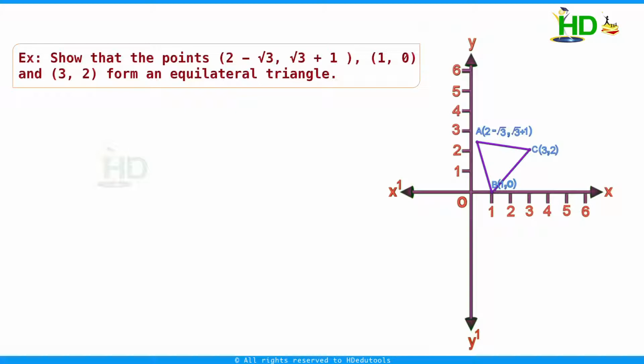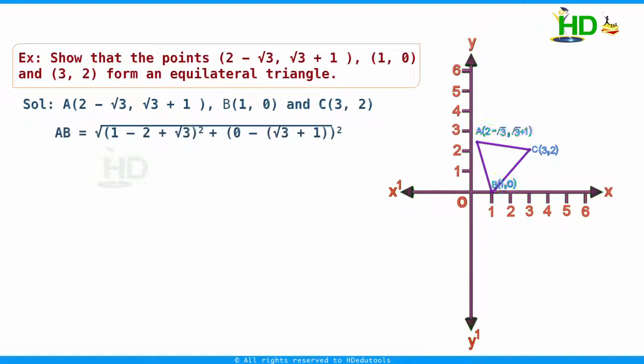We have to show that the triangle formed by these 3 coordinates is an equilateral triangle. Let us consider AB, AC, BC as the sides of this triangle. If AB equals BC equals CA, then we can say the triangle is equilateral. For that you find AB, the distance between the points A and B, AC, the distance between A and C, and BC, the distance between B and C.